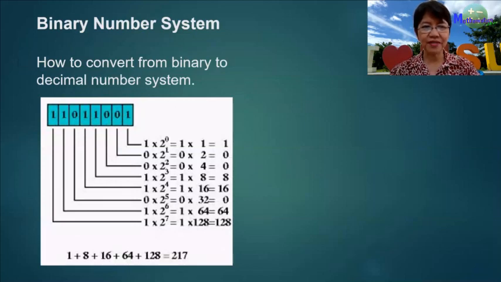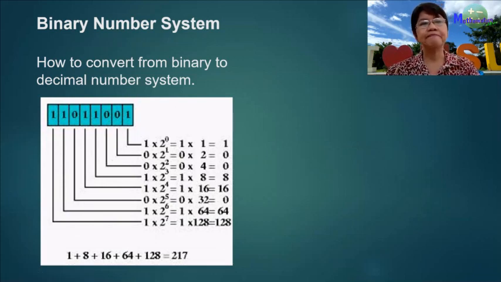How do we convert from binary to decimal system? Okay. The number in green color is representing a binary number. So this is in base 2 because you have only 2 digits.